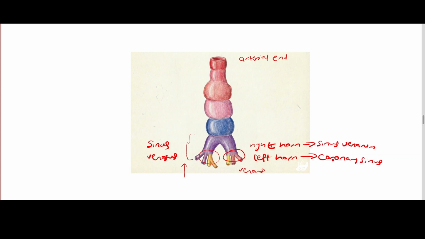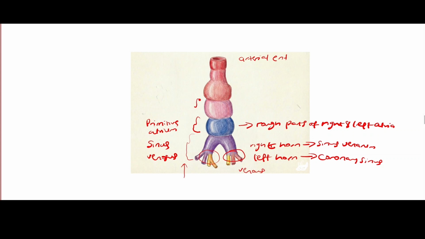Now this part in blue is the primitive atrium. So the primitive atrium forms the rough or trabeculated parts of both the right and left atria.